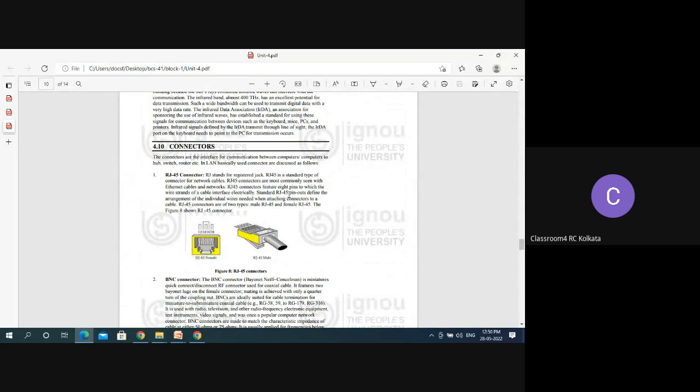From one computer to another computer, we use cable. At the two ends of these cables, we use a special type of connector. This connector is called the RJ45 connector. If you punch this connector onto the two ends of the cable, then you can connect easily. Just look at the back side of your computer for the RJ45 port.